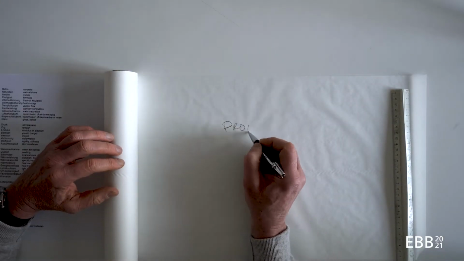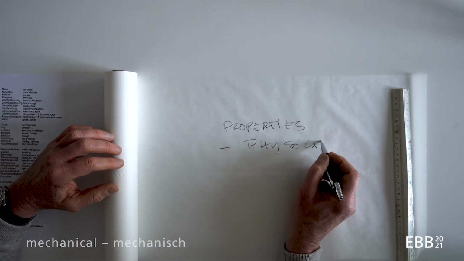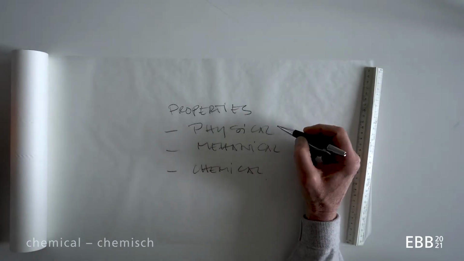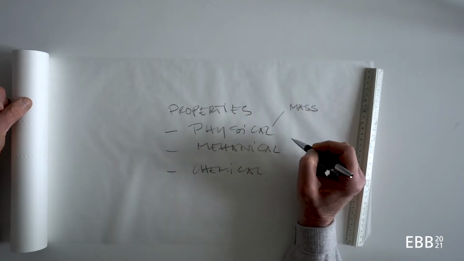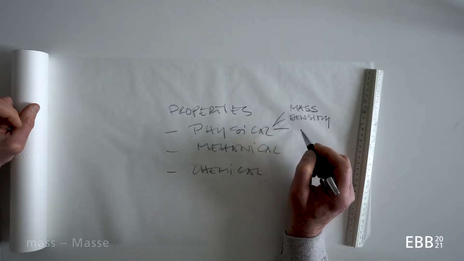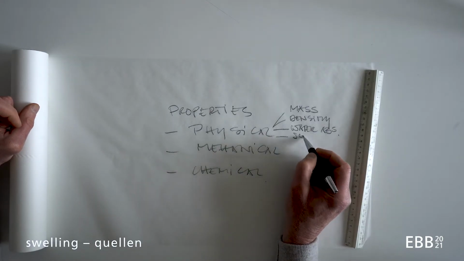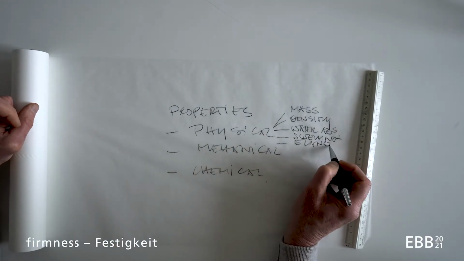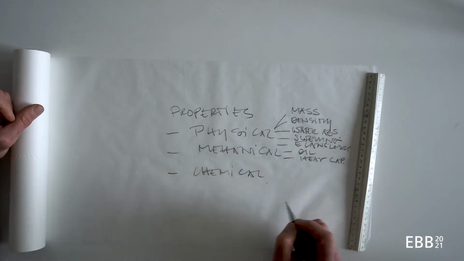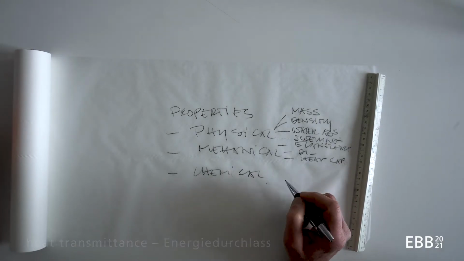So in terms of properties, we have first of all physical, then we have mechanical and chemical. The physical properties are basically things such as mass, density, water absorption, swelling, evaporation, dilatation, heat capacity, which means the capability of storing heat, transmittance as well.